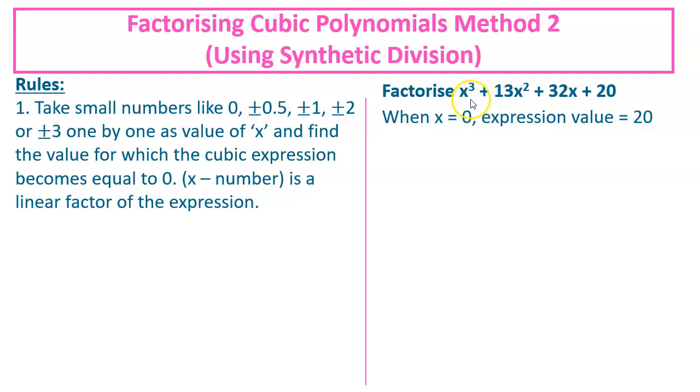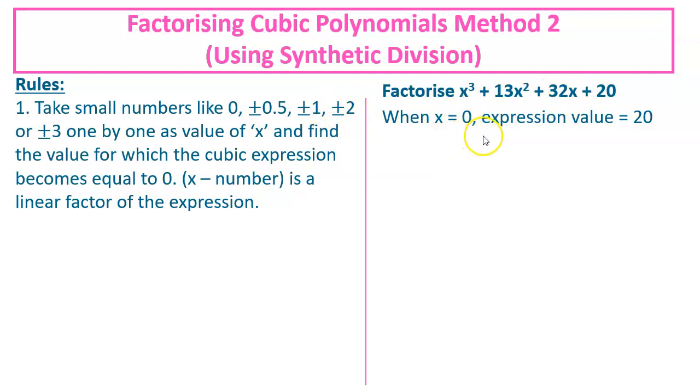It is 1 from the first term, 13 from the second term. 1 plus 13 is 14, 14 plus 32 is 46, plus 20 is 66. It is not equal to 0. So when every term is a positive term, you can just leave the positive numbers because they will never give you a 0.